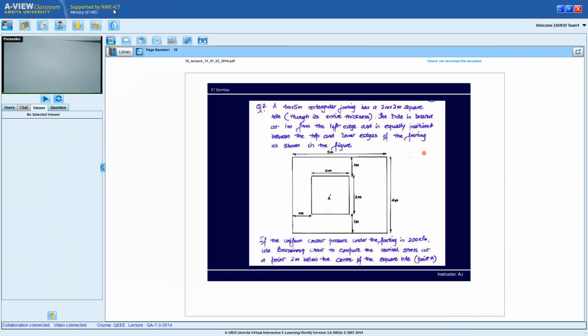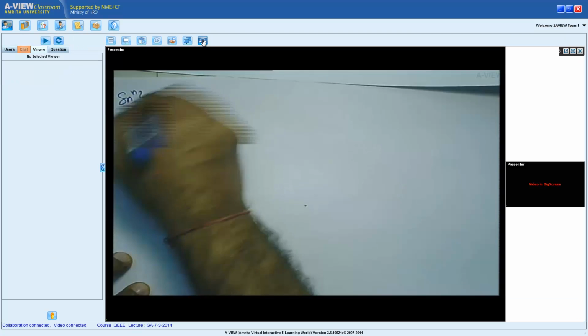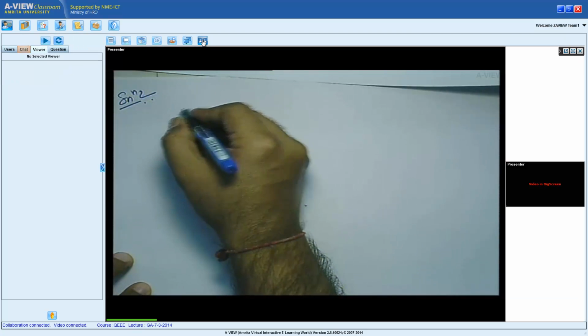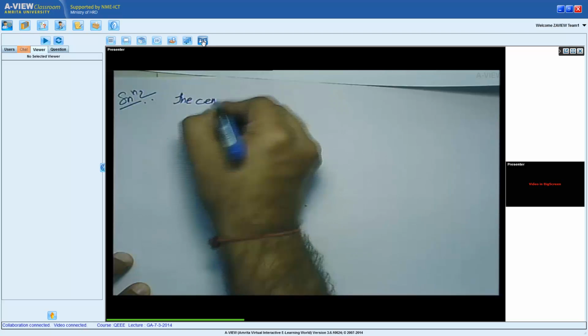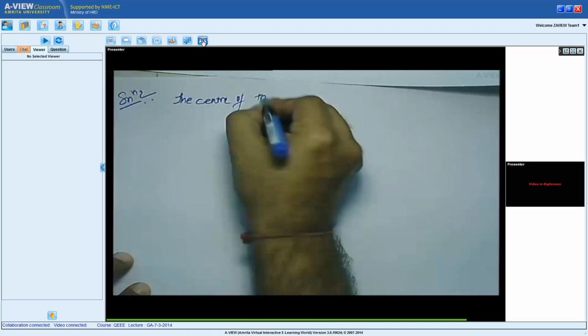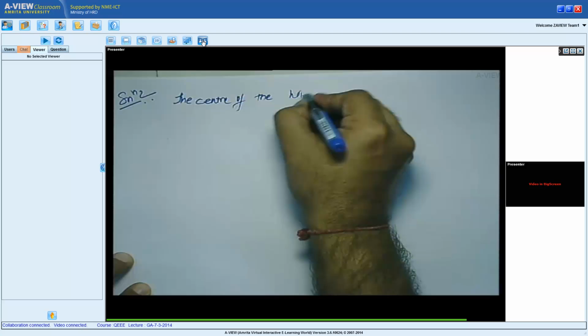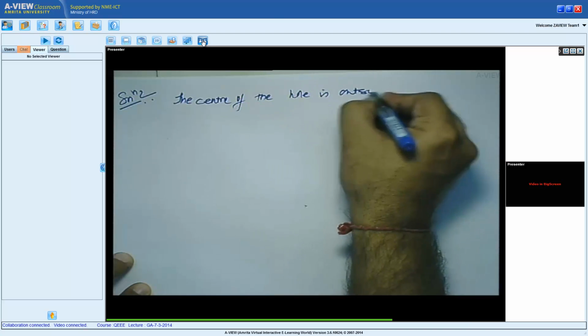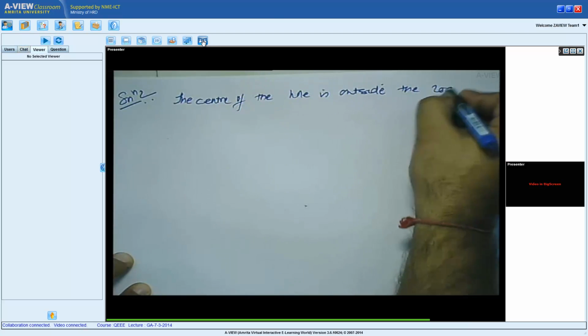We say the center of the hole is outside the loaded area.